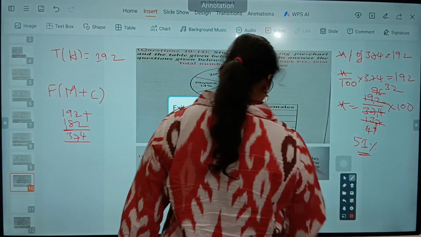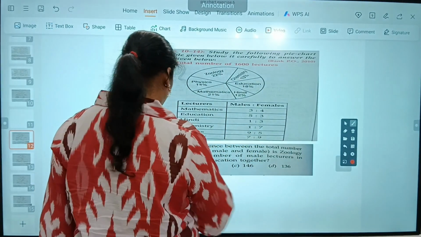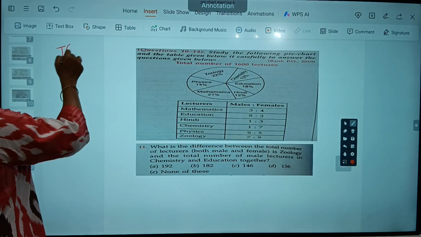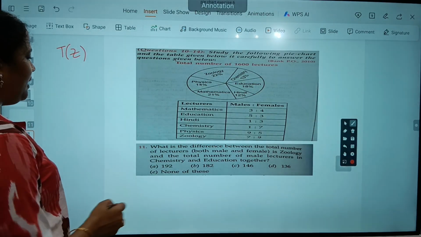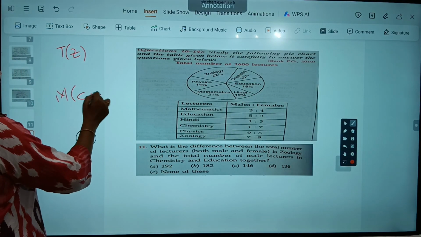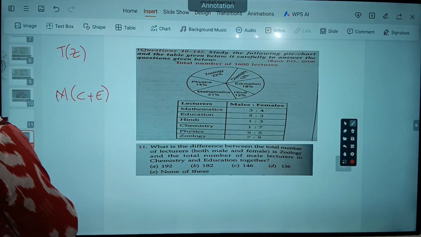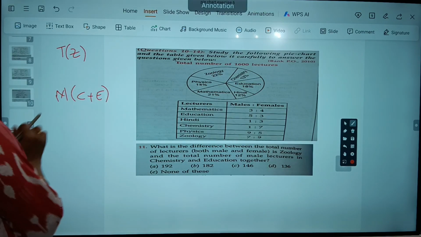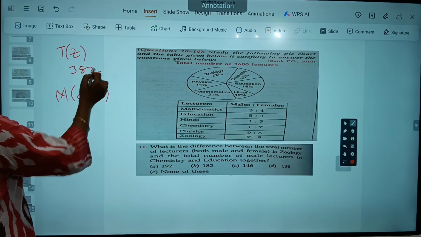Now we will move to another question. What is the difference between the total number of lectures, both male and female, in zoology and the total number of male lectures in chemistry and education? This we have to calculate. Total lectures in zoology is 352.